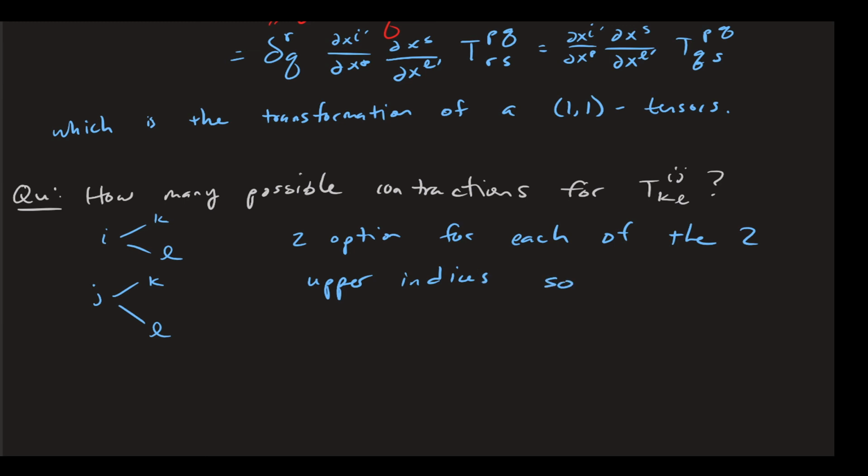So 4 total possible contractions. All right. So that's good stuff. 4 possible ways to contract the indices.